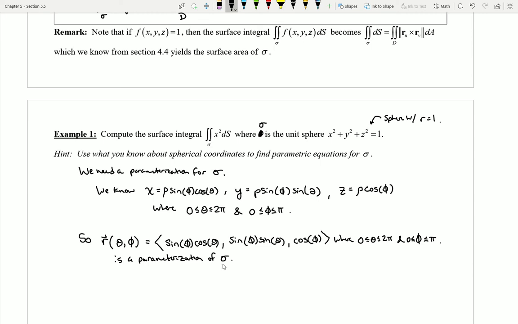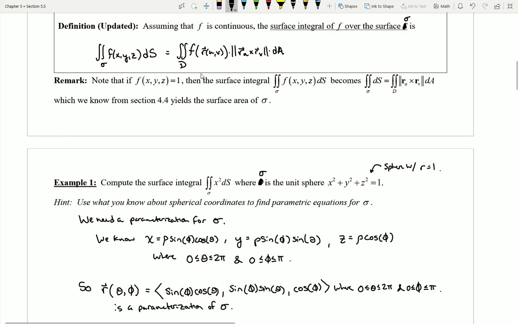All right, so according to the definition up above, I need to think about how I transform this integral into things that use u's and v's, or in this case, thetas and phi's. Well, notice that replacing x squared is going to be very simple, because I already know what x is. It's sine phi cosine theta, and to square that isn't difficult at all.